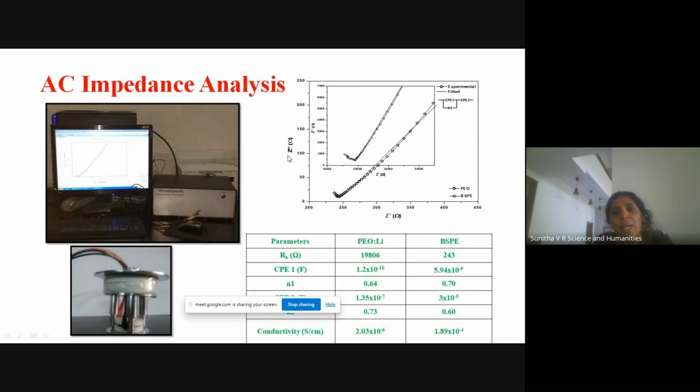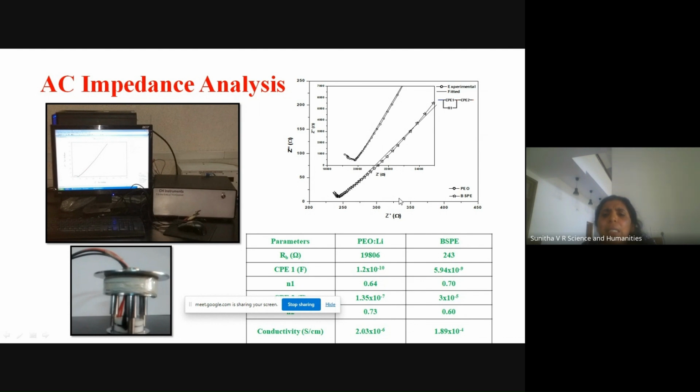This is the imaginary part, the y-axis, and this is the real part. Here you can see two different kinds of regions. This is a high frequency region, and then you have the spike. Basically, for an ideal system, we get a semicircle, but as the conductivity of the system improves, that semicircle will disappear, and then this region is what we are observing.